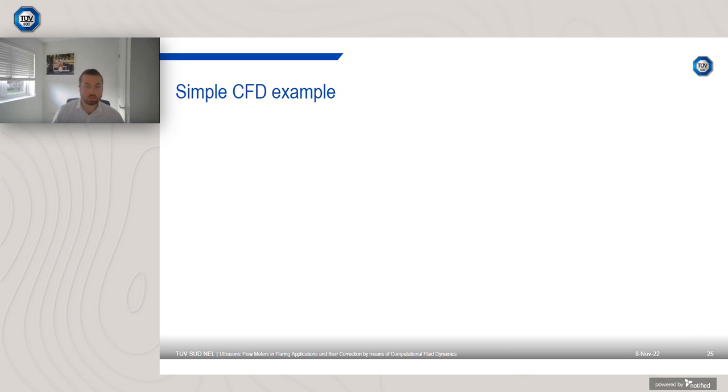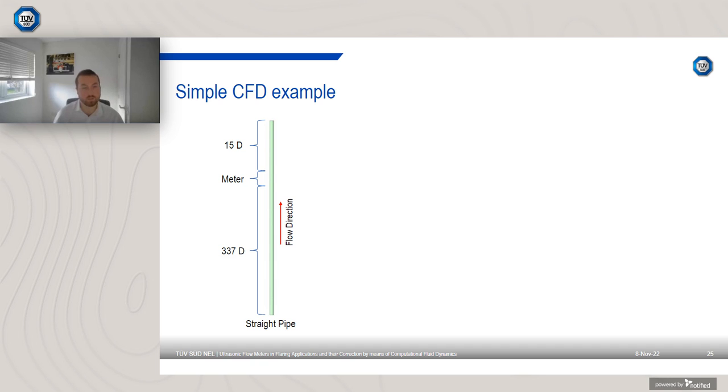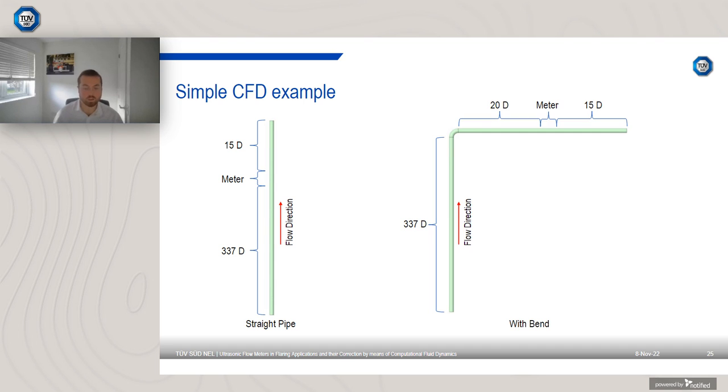So if we look at a simple CFD example, we can see here we've got a straight pipe with an inlet length of 337 diameters. We've then got our meter installed, and then we've got 15 diameters of undisturbed downstream length. And the flow is obviously moving from bottom to top. We're going to compare the results with another set of results where we've got a case with a bend.